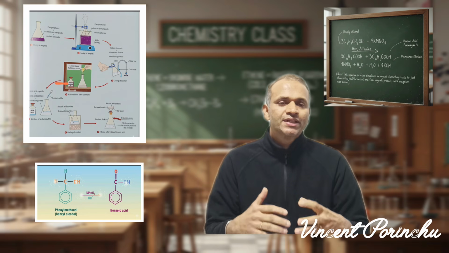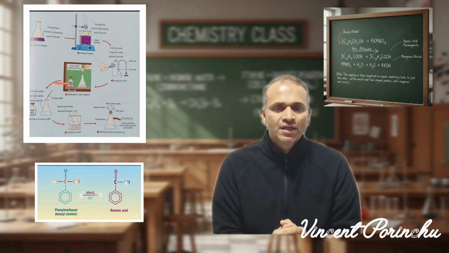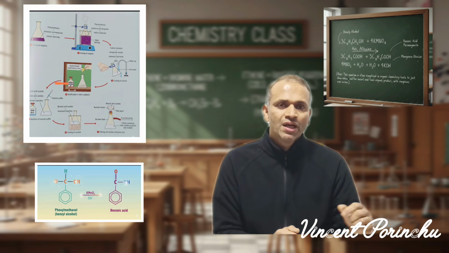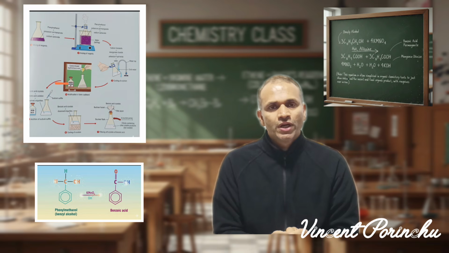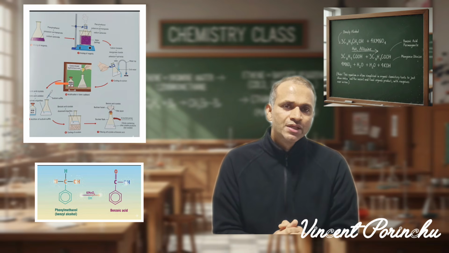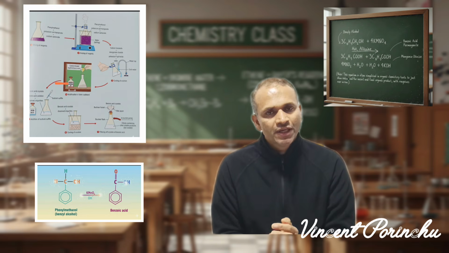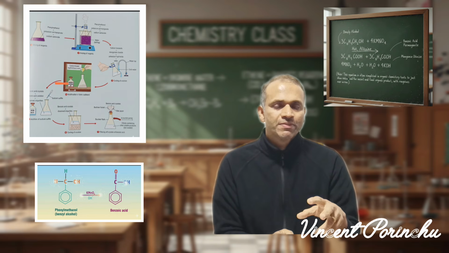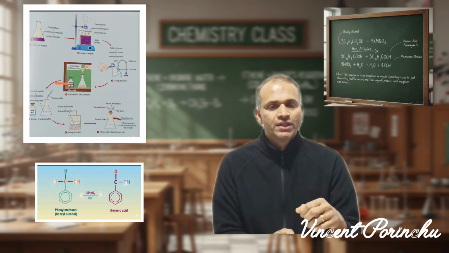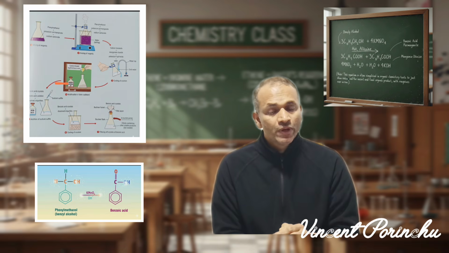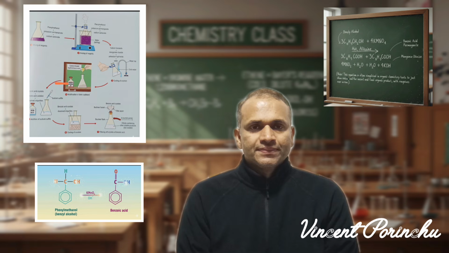So in order to make the filtration process a moderate speed, we connect the Buchner funnel and the Buchner flask. After filtration, you will get a white precipitate on the Buchner funnel, and you need to wash that precipitate using cold water by rinsing that conical flask.